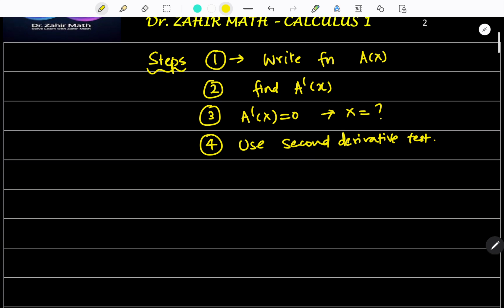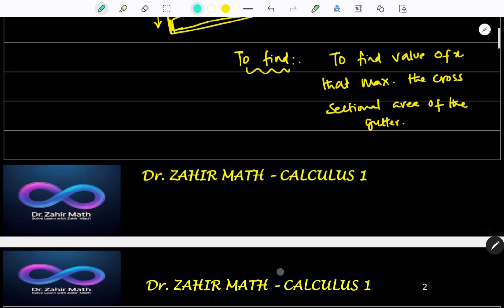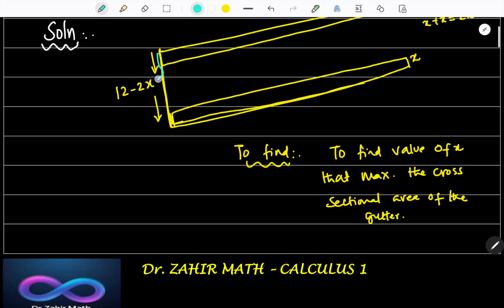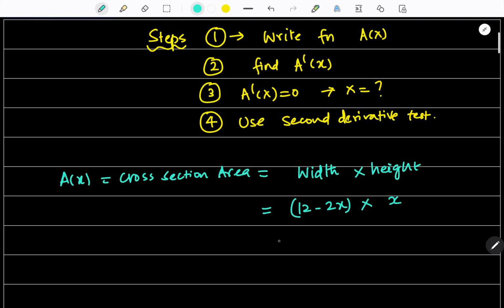So let's calculate the function A of x. A of x is the cross-sectional area, which is width multiplied by height. What is your width? Width is 12 minus 2x. Can you see that? This is your width. And the height is x.